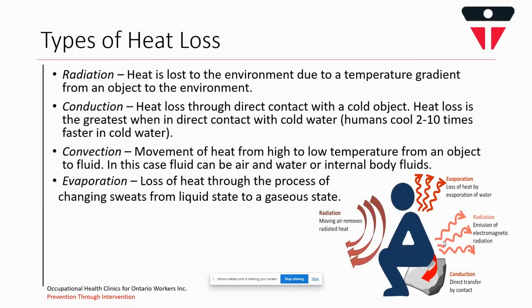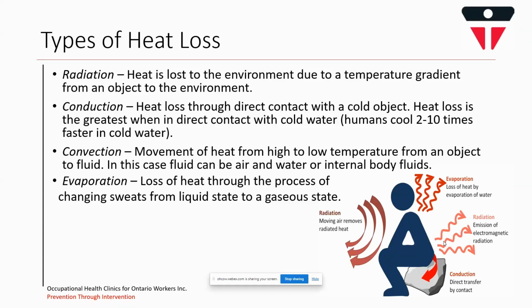The heat loss basically occurs because of temperature gradient. So heat flows from high temperature to low temperature. So if we have a cold environment, we are of course going to lose heat through different mechanisms.